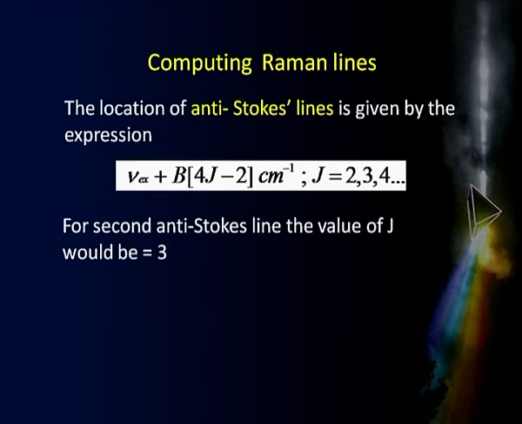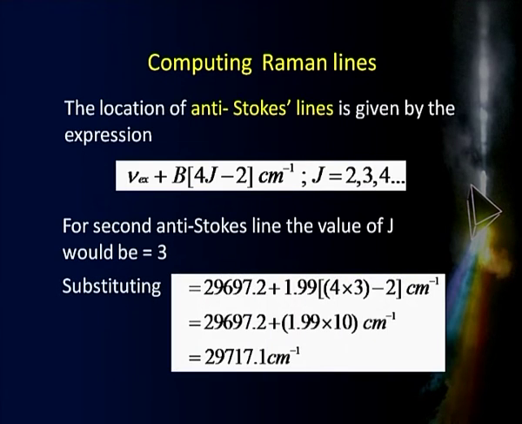Substituting the values of B and j, we get the location of the second anti-Stokes line as 29717.1 centimeter inverse. So, we see how simple the expressions are, and we are able to predict a reasonably good location for the expected spectrum of the molecule.